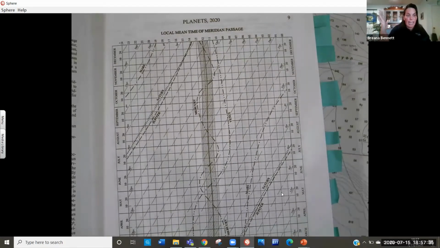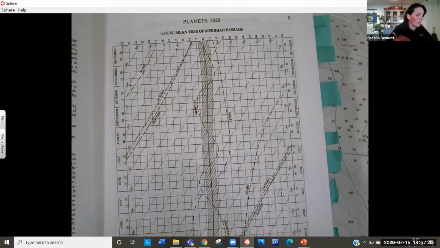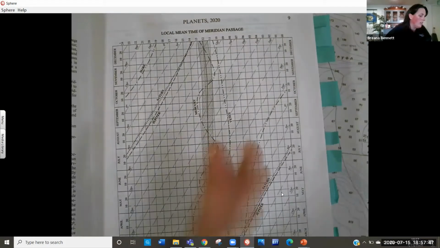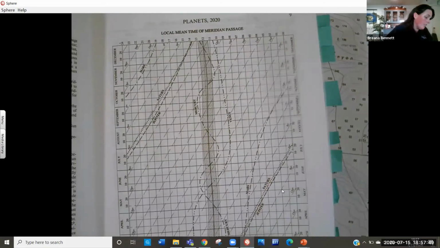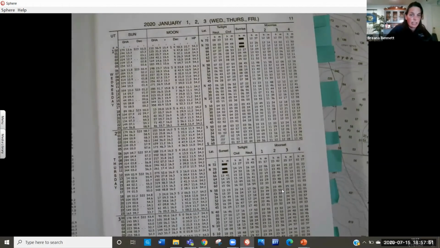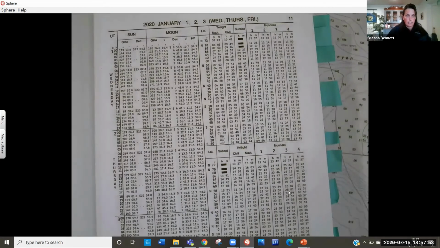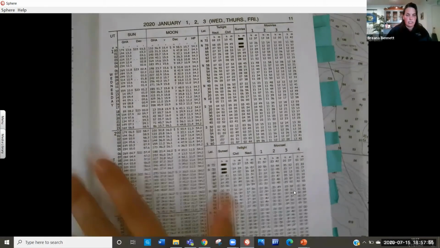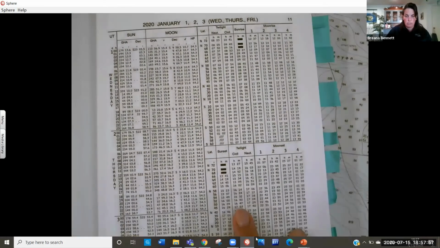That's high noon. That's when the sun is the highest it can go, and then it starts setting again. So this is a graph, if you will, of the meridian passages of the planets and the sun. And then we get into our daily pages, and that is the majority of this book.